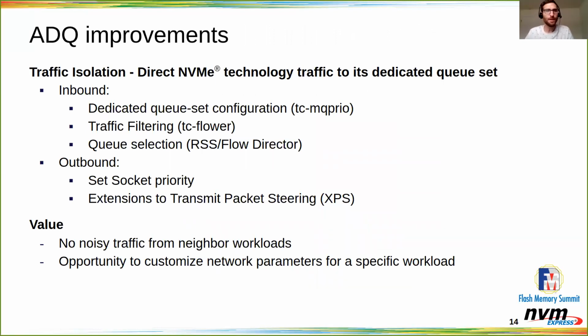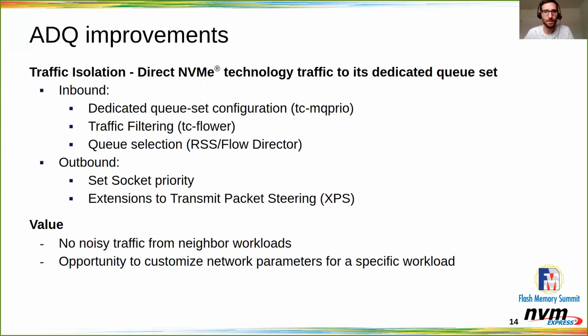Moving forward, of course, the latest E800 series, the latest NIC from Intel, introduced some ADQ improvements. What are the ADQ improvements that are available in general? First of all, traffic isolation: you can associate a specific queue set and configure the NIC so it can steer the specific application workflow to a dedicated queue set that is not shared with other applications on the host.